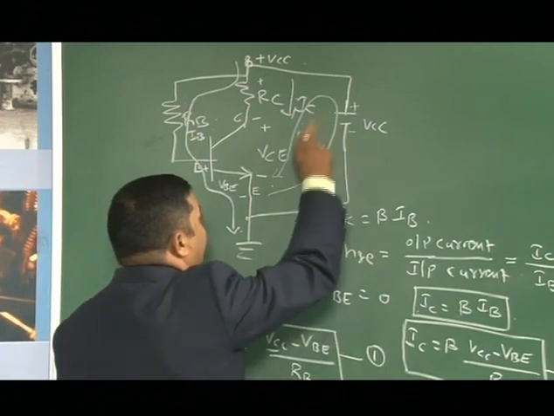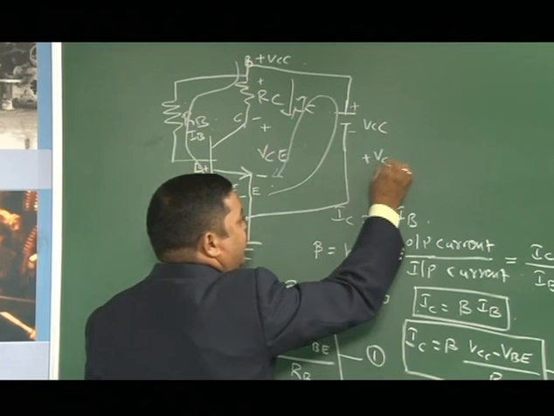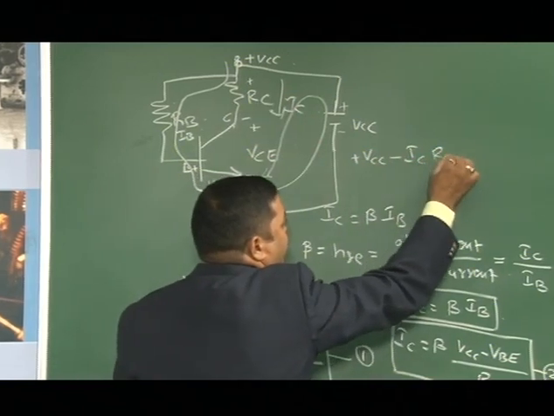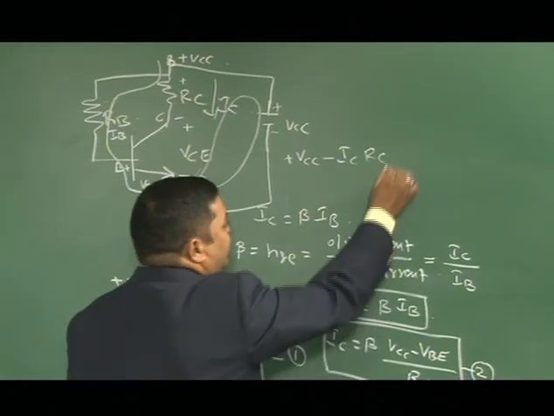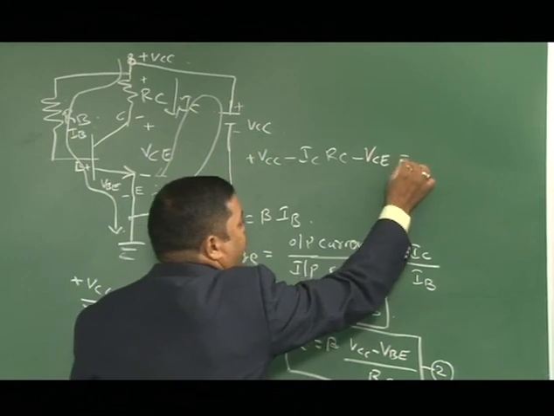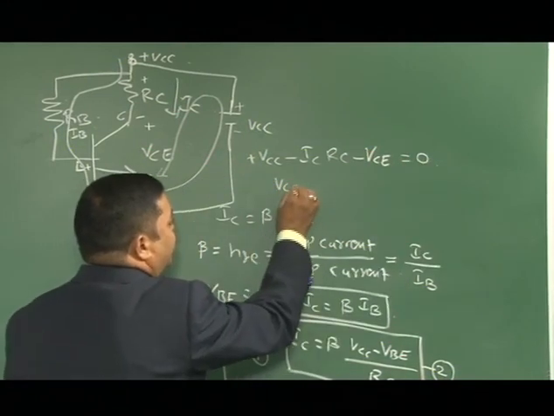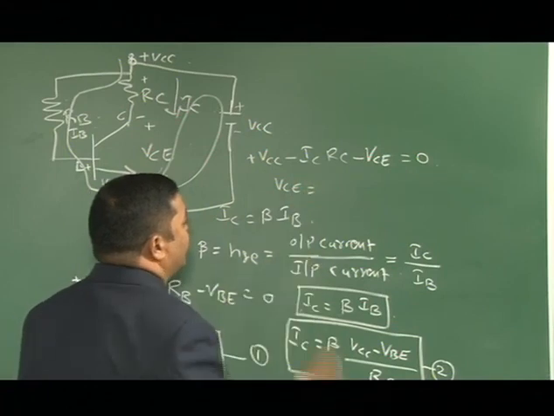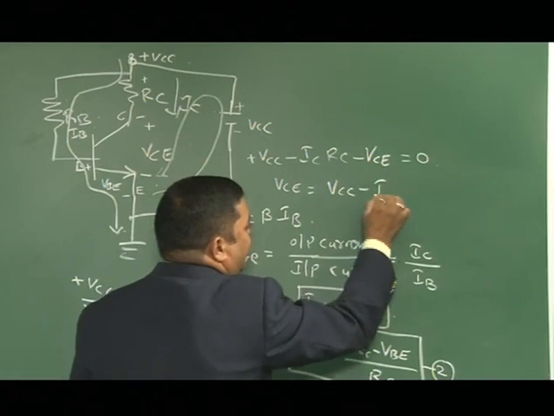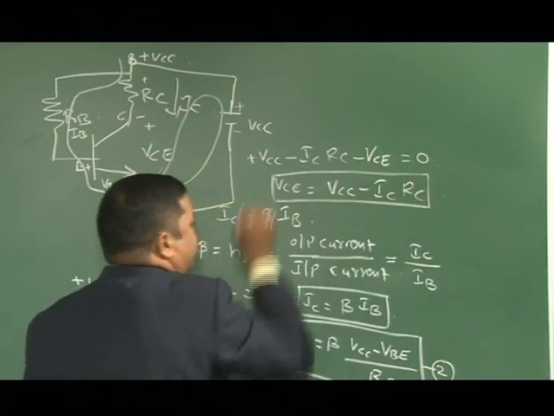Therefore, applying KVL to the output loop, we get plus VCC minus IC into RC minus VCE is equal to 0. So, what is VCE out of this? VCE is equal to VCC minus IC RC. So, this is the equation for VCE.